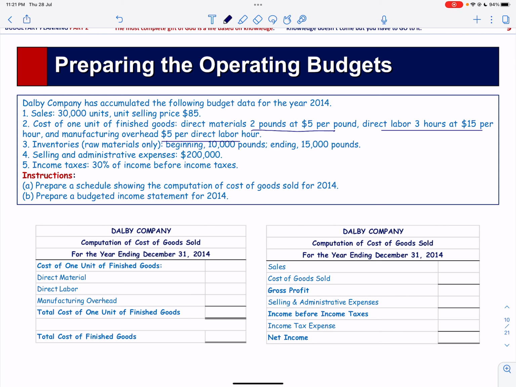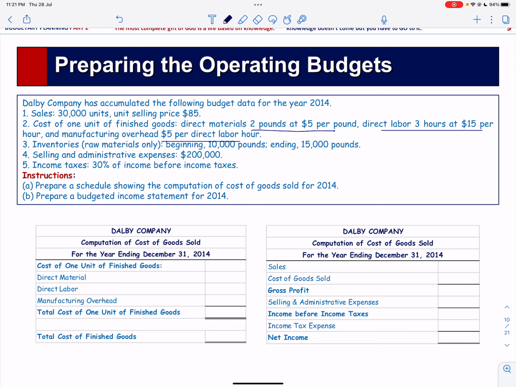Inventories beginning is 10,000 pounds, ending is 15,000 pounds. Selling and administrative expenses are 200,000. Income taxes are 30% of income before income taxes. So we have to prepare a schedule showing the computation of cost of goods sold for the year 2014.